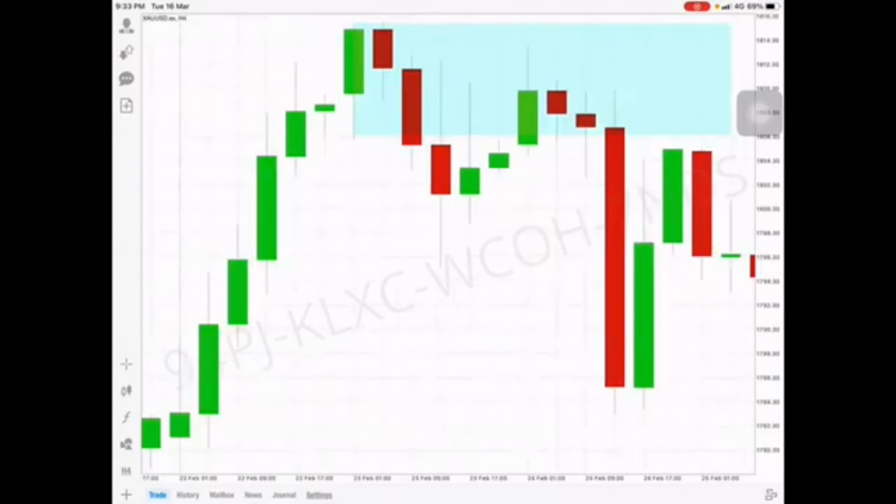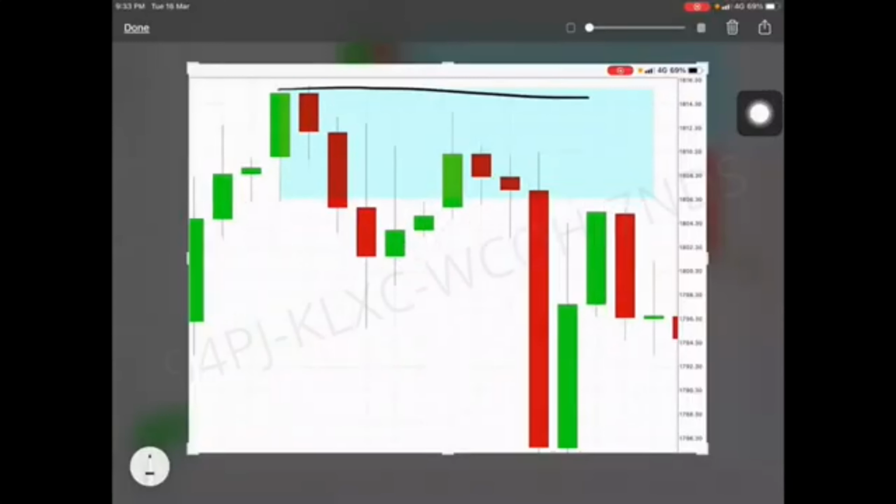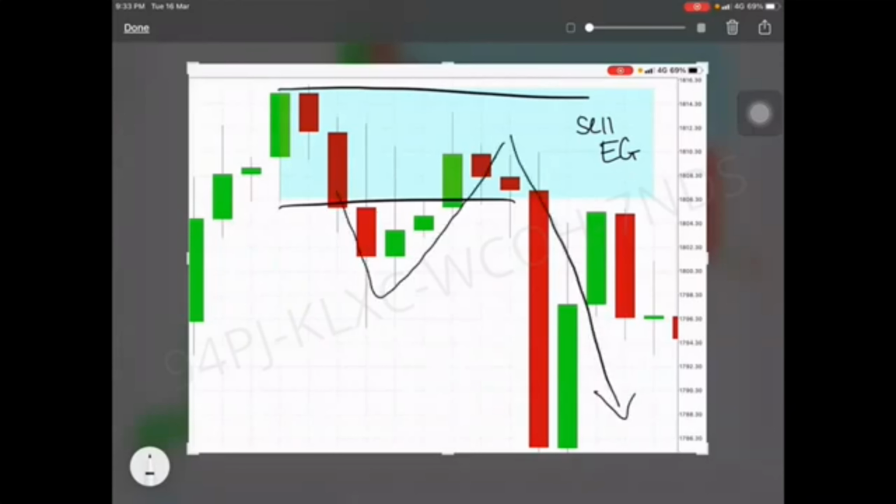This is a sell engulfing. So what are we looking for when the price comes back to here, sell or buy? Sell. And see, when it comes back, it goes down. So do you understand that this is a low risk marking? Is it clear to you?